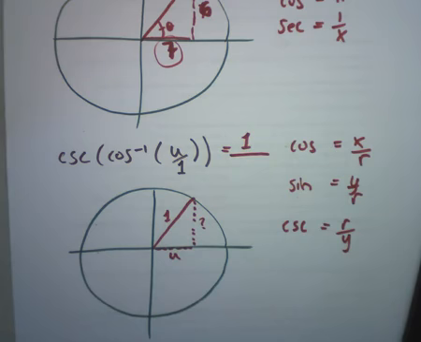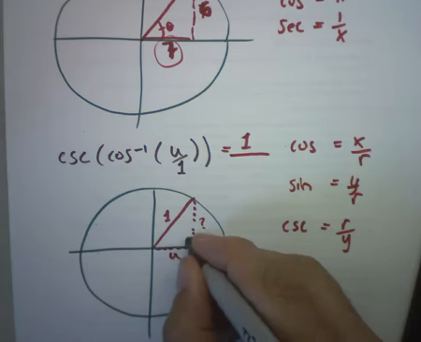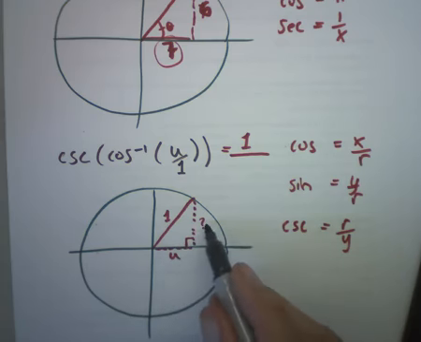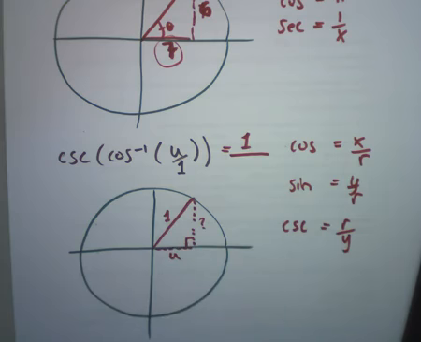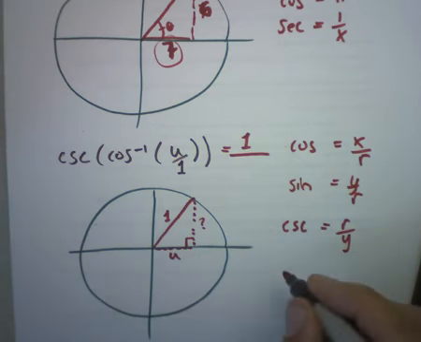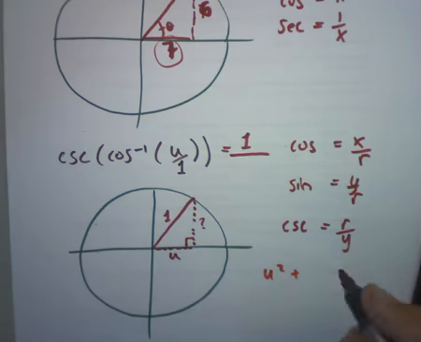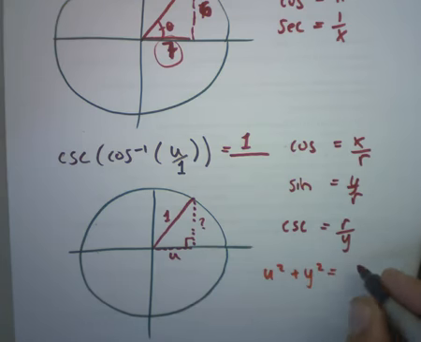But fortunately, this is a right triangle, and we know that a squared plus b squared equals c squared, so we can get a y-coordinate out of that. Let's say that u squared plus this unknown y-coordinate, so y squared, equals 1 squared, which is just 1.